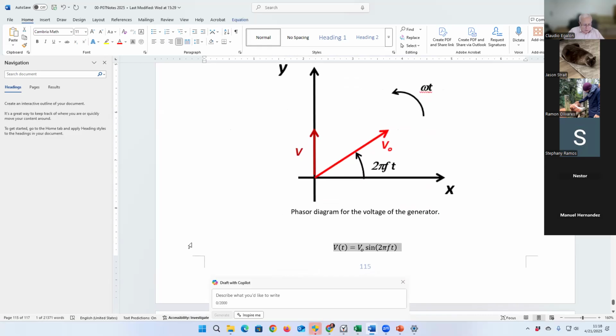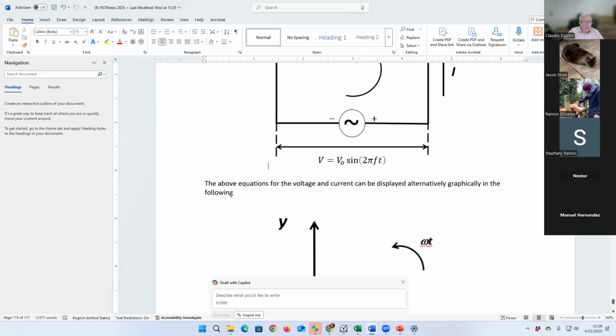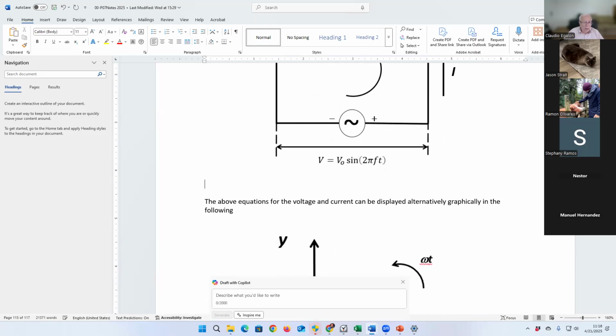Let's do that using Kirchhoff's loop law. Using Kirchhoff's loop law, we obtain the following equation for this circuit.